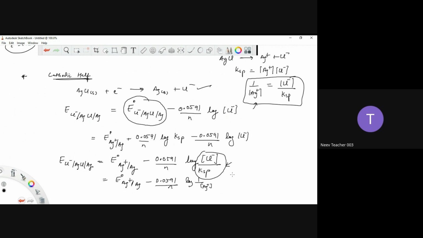Just check it once and tell me, is there any part which is unclear to you? Anyone? Have you done it earlier in your electrochemistry section? This part? No, sir. Okay.